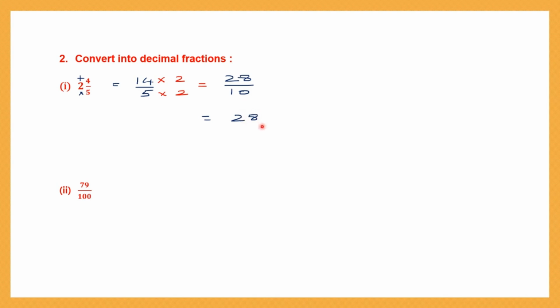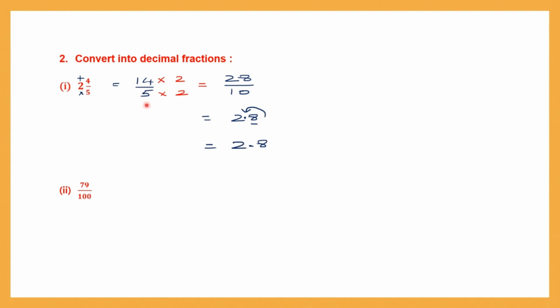Because there's one zero, move one place to the left like this and put your point here. So now what's your answer? 2.8. Okay, now how did we do that? First we took 28 and wrote it by itself without the point. Then we looked at the denominator. There is one 0, so the point will move one place to the left. So it moved one place to the left and now we have 2.8. So this is one way of doing it.